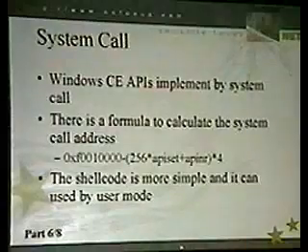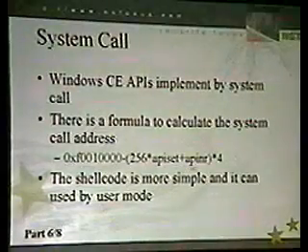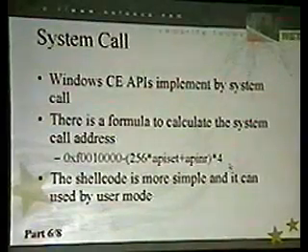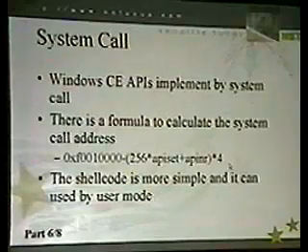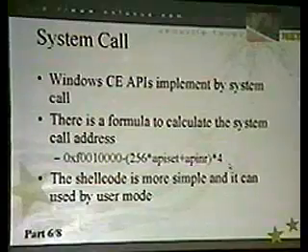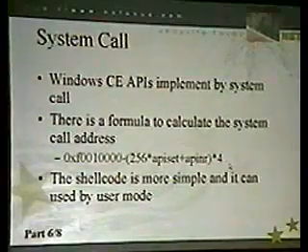There is a formula to determine the API, to determine the system call number. It's like this. So, using this formula, we can calculate the system call number. Well, let's calculate the kernel I/O control.